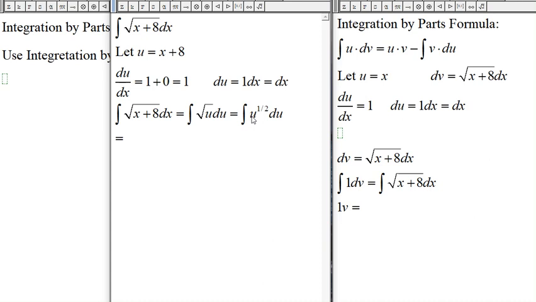The antiderivative of u to the 1/2: we add 1 to the exponent. 1/2 plus 1 is 3/2, and then dividing by 3/2. Dividing by 3/2 is the same as multiplying by 2/3.